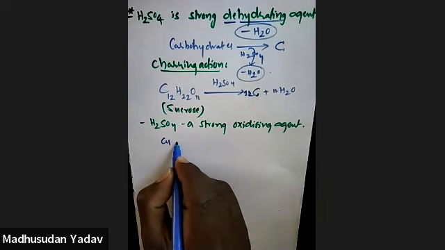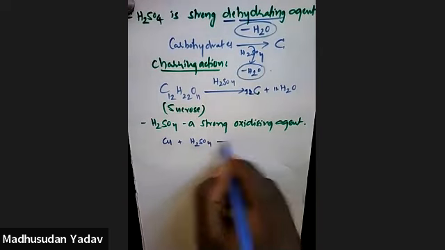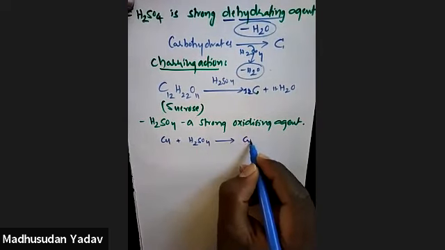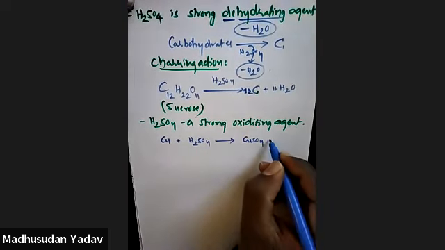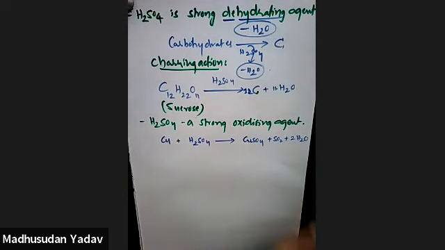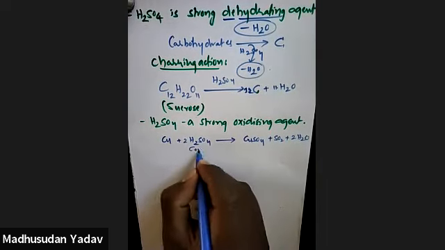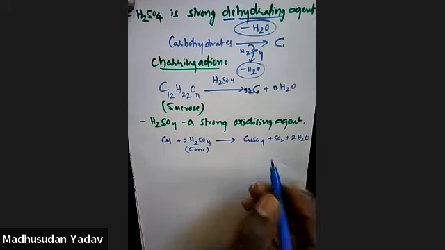Copper on reaction with sulfuric acid gives copper sulfate plus sulfur dioxide and water. Here you have to take concentrated sulfuric acid.